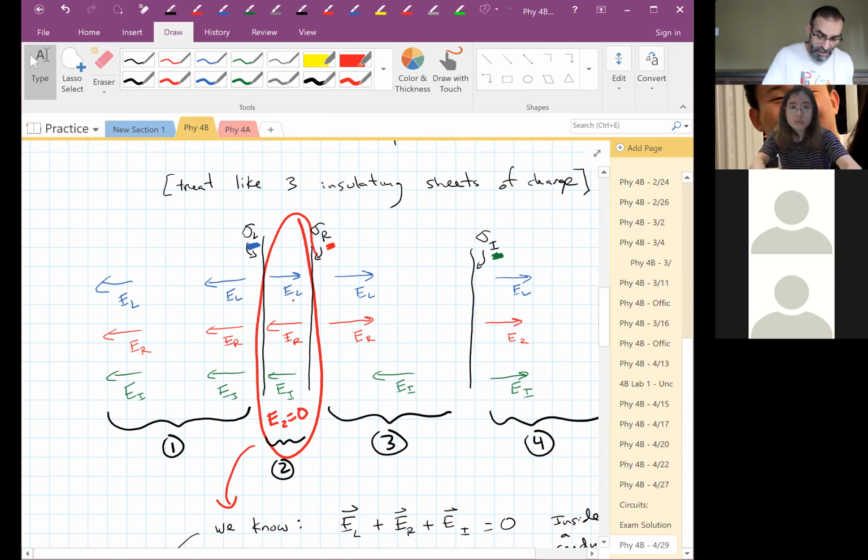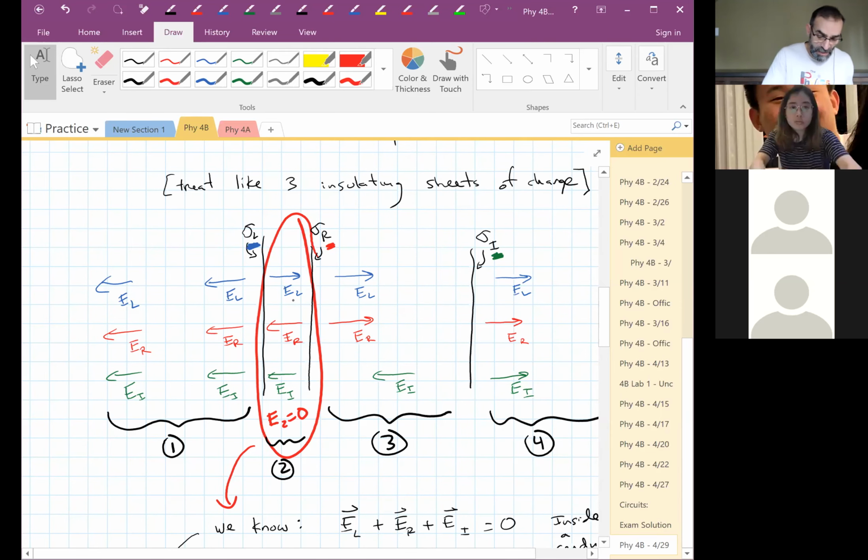Oh, I know sigma I. Sigma I is 10, right? So I can substitute that in. That's given in the problem, right?